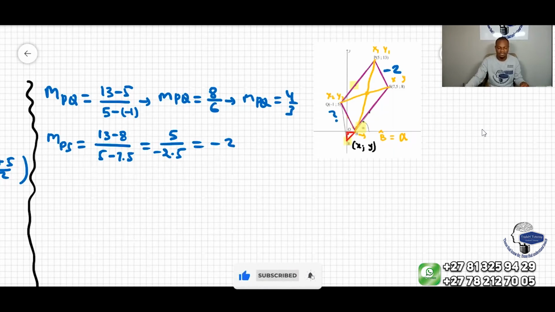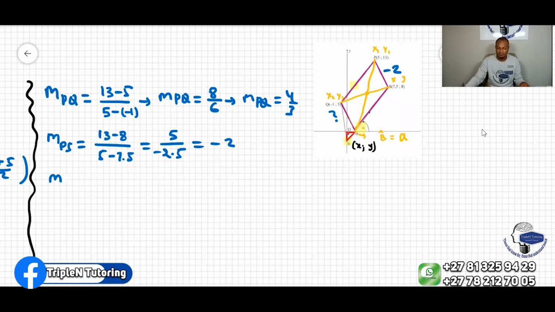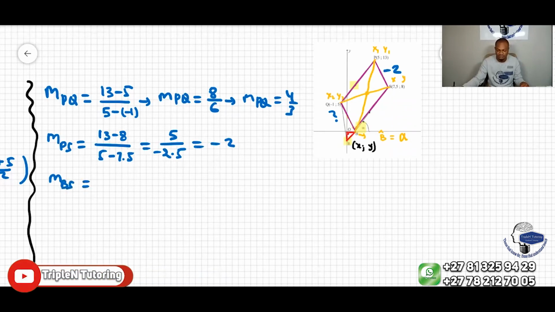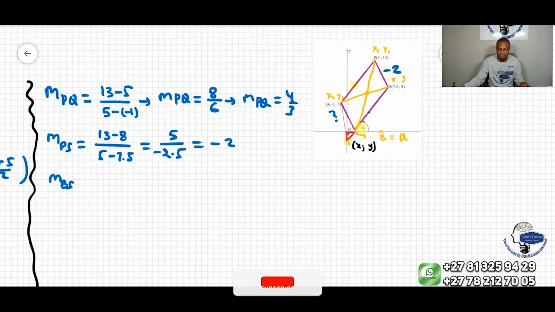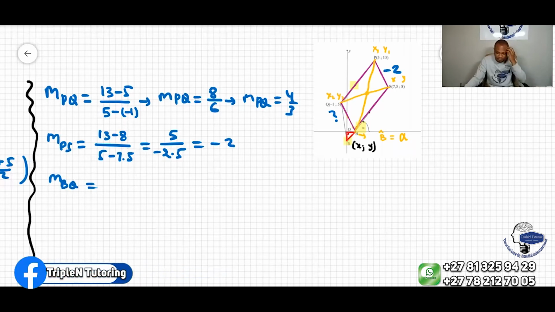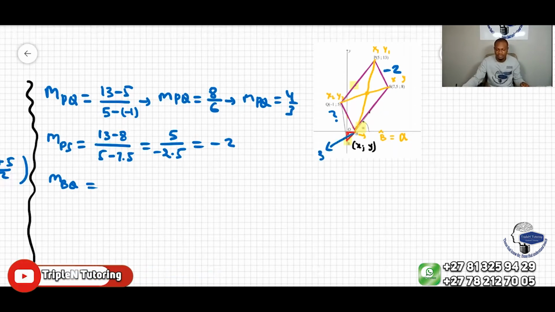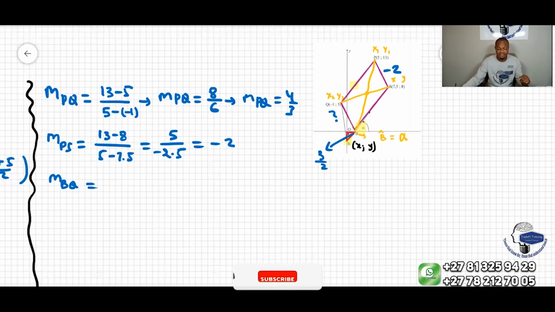I'm going to work out the gradient of QB or BQ. The x value of B, we said it was 3/2, right? And now the y value is 0 because it is an x-intercept.